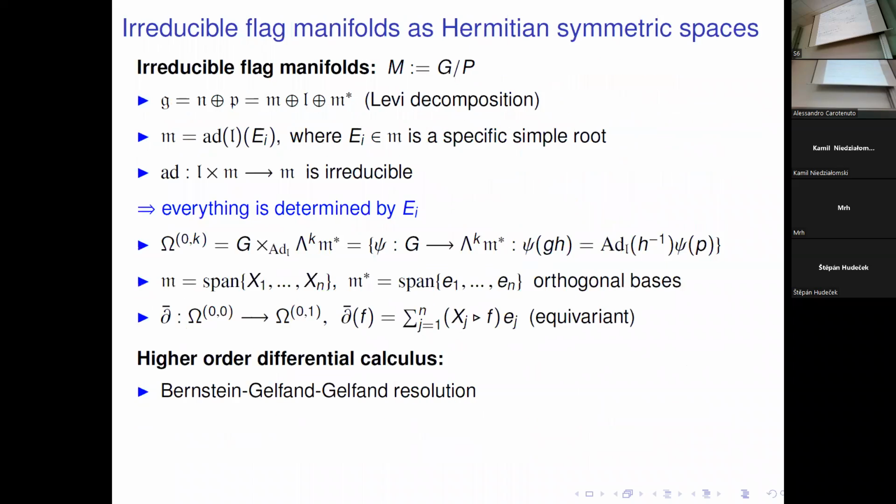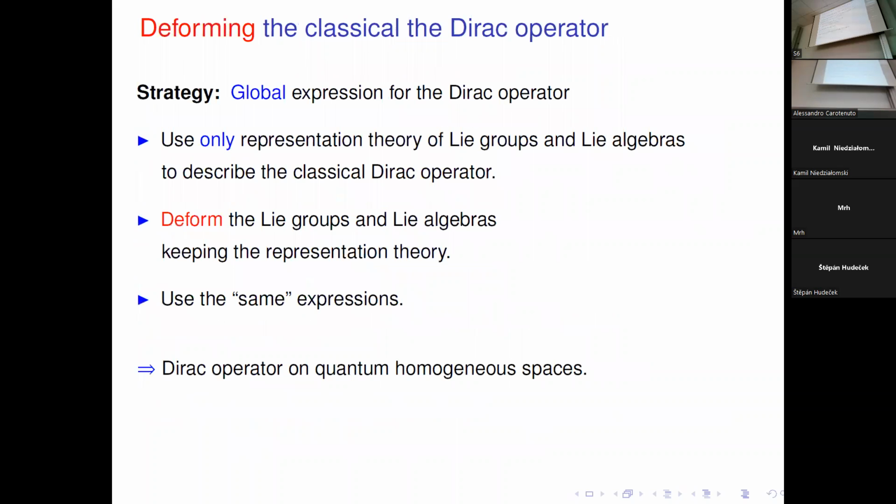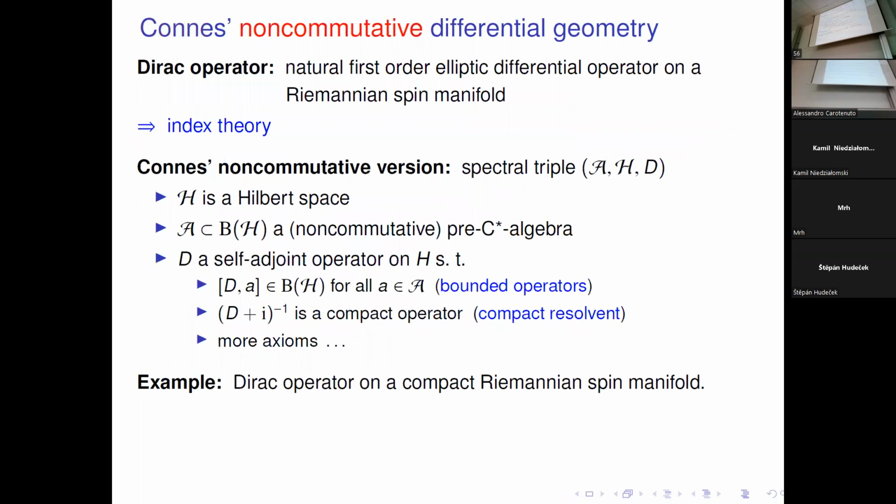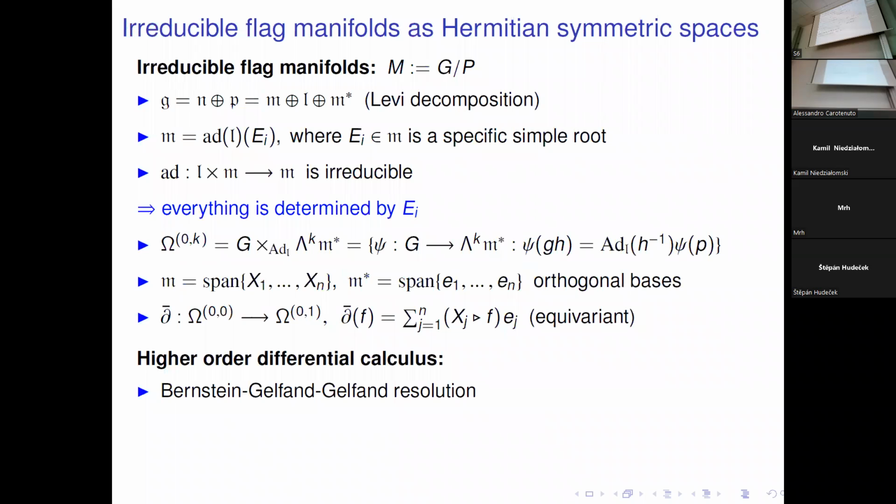What's important is that this is an irreducible representation. So in this case, with an irreducible representation, you really get elliptic operators. This operator comes from the simple roots.